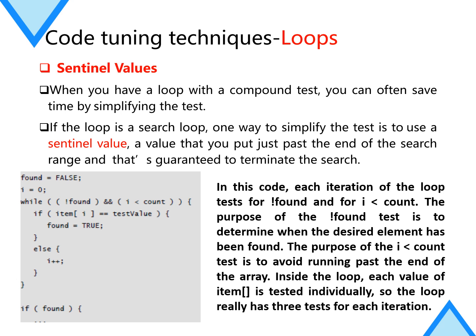In this code, each iteration of the loop tests for not found and for i less than count. The purpose of the not found test is to determine when the desired element has been found. The purpose of the i less than count test is to avoid running past the end of the array inside the loop. Each value of the array is also individually tested with the test value. So the loop really has three tests for each iteration.